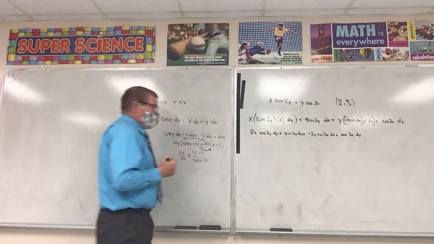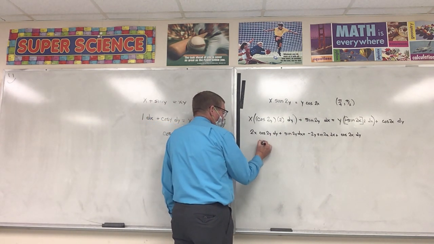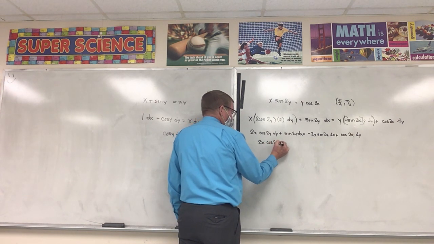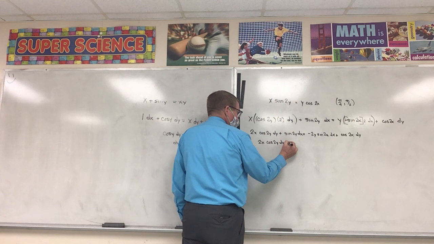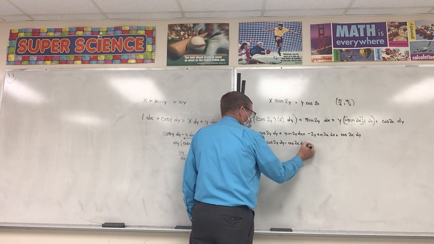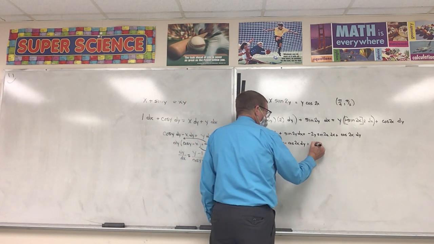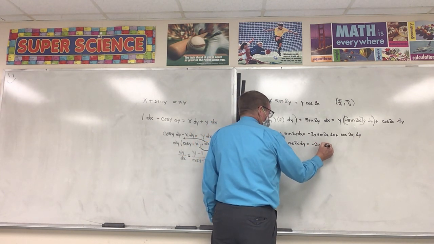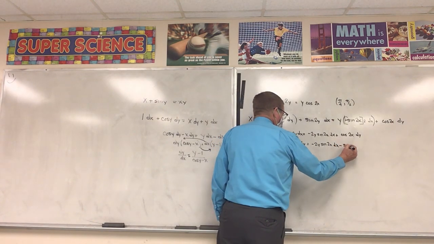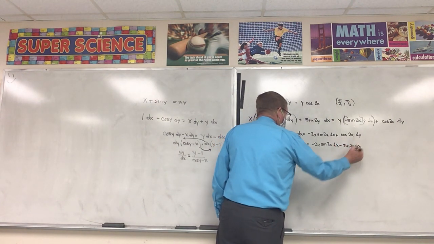Get my dy's on the same side. 2x cosine 2y dy minus cosine 2x dy equals negative 2y sine 2x dx minus sine 2y dx.